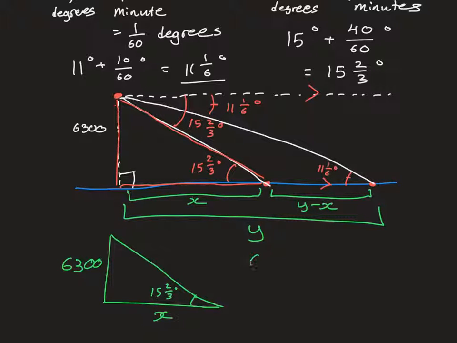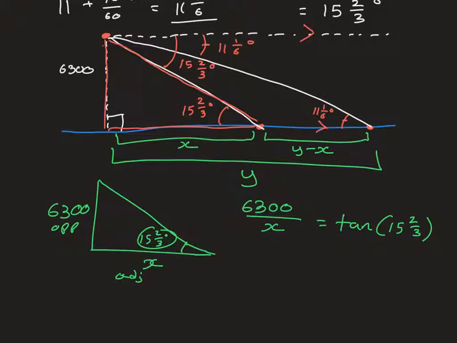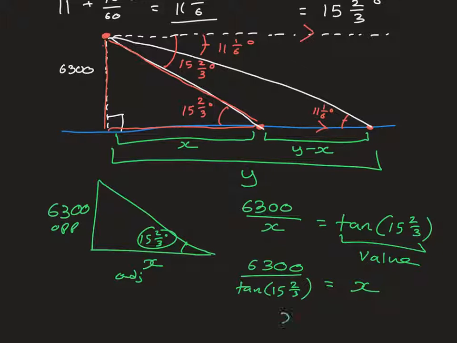By the definition of tangent, 6,300 over x, opposite over adjacent, relative to this angle, is equal to tangent of the angle that we're looking at. And then this is just some value and we need to isolate x, so we get this. And since that's just a value, x is approximately equal to this number.